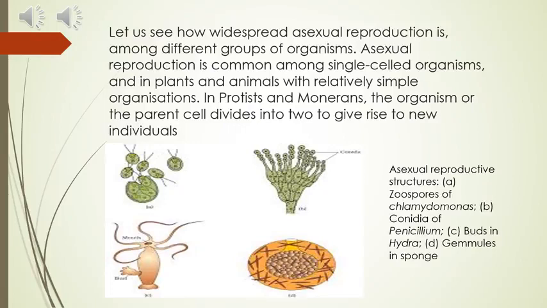In Penicillium, conidia formation takes place above or over the body, so spore formation in Penicillium is exogenous. This is a major difference between zoospores and conidia, and both come in the category of asexual mode.